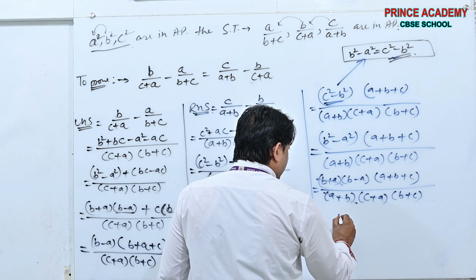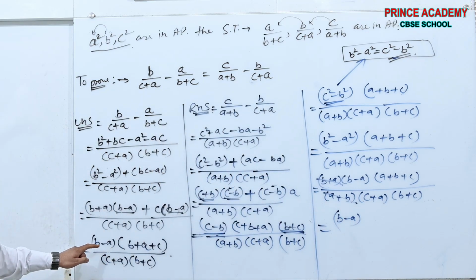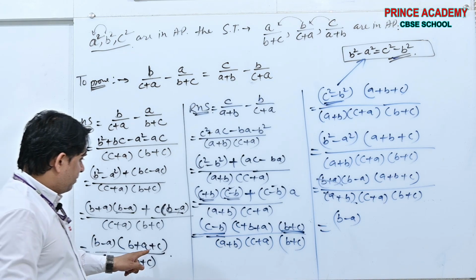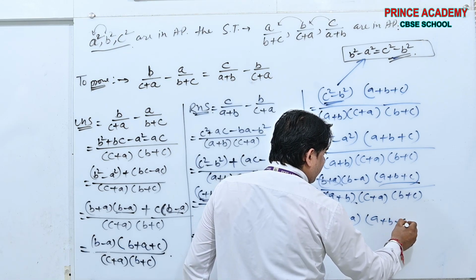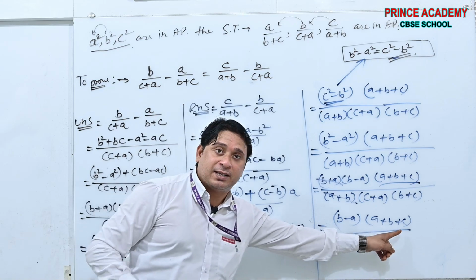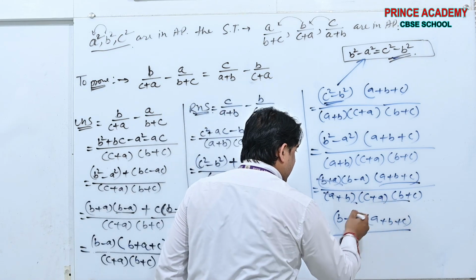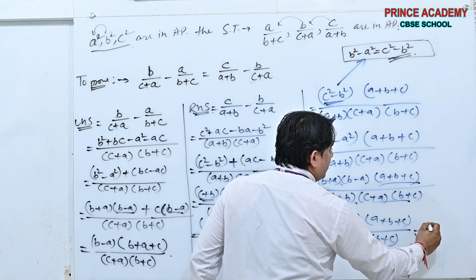Now see, beta, you can observe B minus A, B minus A. Done. B plus A plus C, A plus B plus C, same thing. Divided by (C plus A)(B plus C), and this is the left hand side.